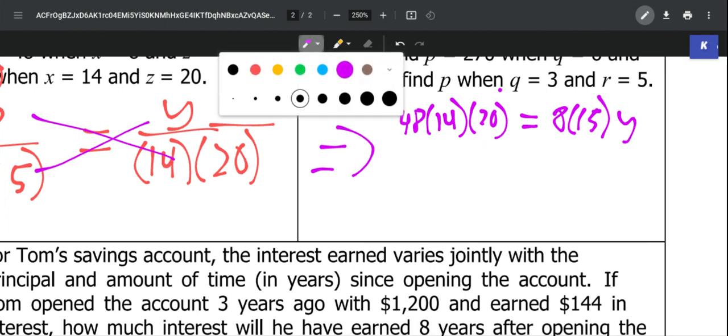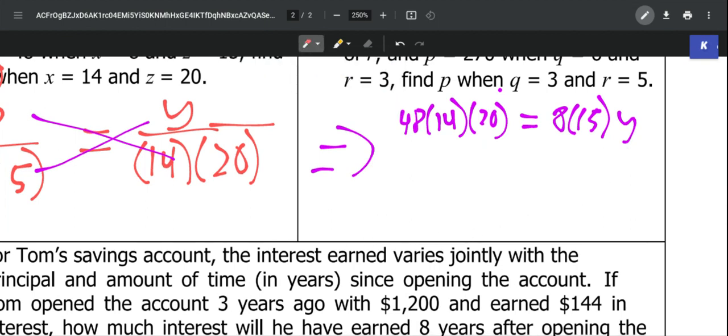So if we multiply, we'll be left with 48 times 14 times 20. Let me just make sure. 48 times 14 times 20 is going to be 13,440, equal to 8 times 15 y, so that would be 120y.